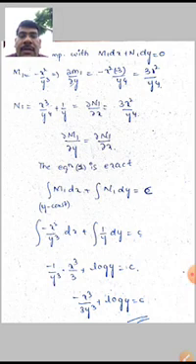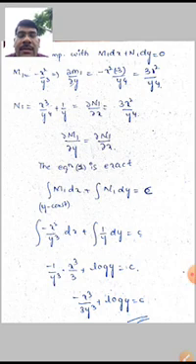In this method, first we have to decide whether the given equation is exact or not. If the given equation is exact, we integrate directly. If it is not exact, then we check whether the given equation is homogeneous or not. If it is homogeneous, next we find the integrating factor, 1 by (Mx plus Ny), provided Mx plus Ny is not equal to 0.